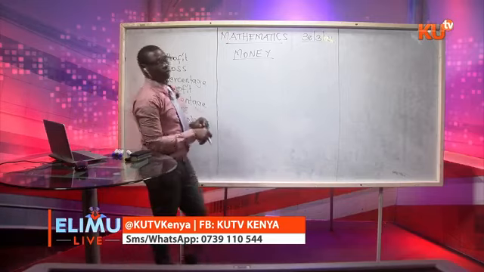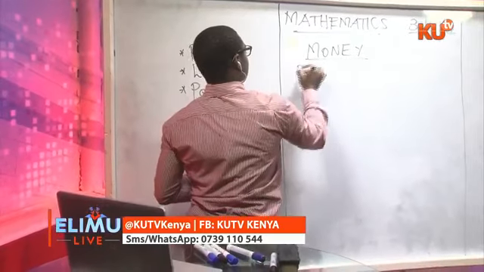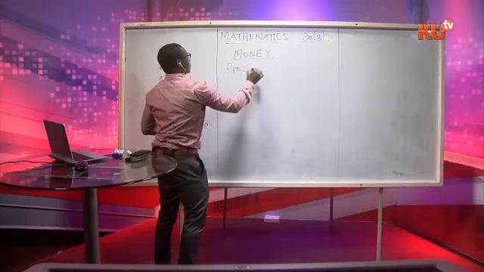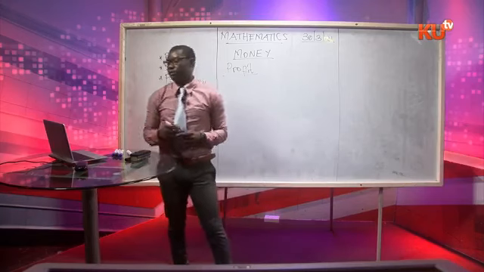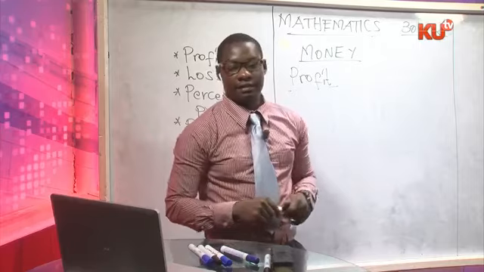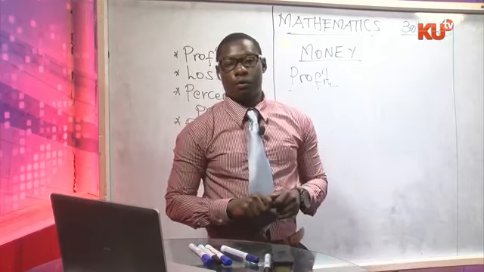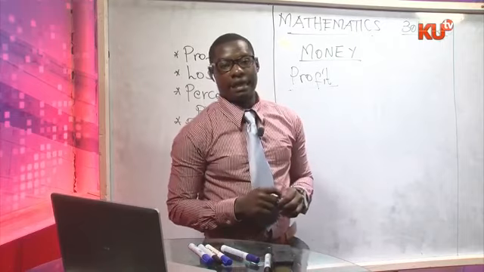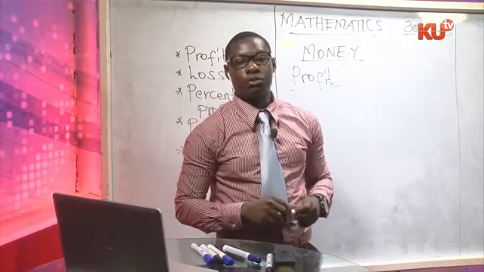So we start with the first subtopic, profit. So we look at what profit is. If we have to define what profit is, profit can be the gain that is made by a person who sells an item, whereby the person sells an item at a higher price more than he or she bought it.